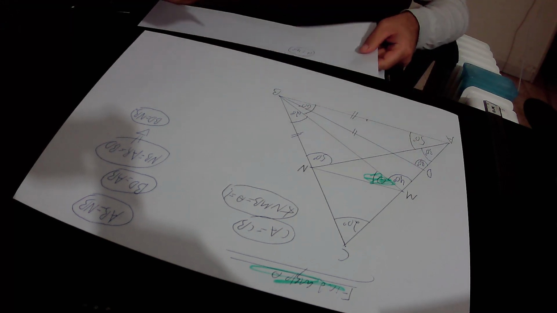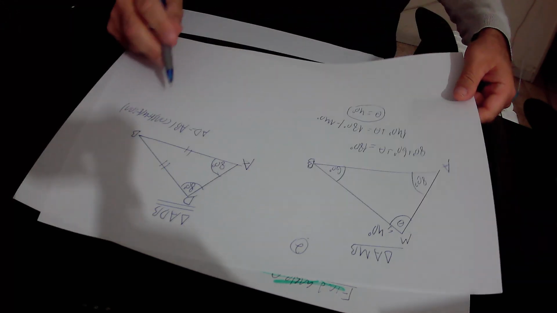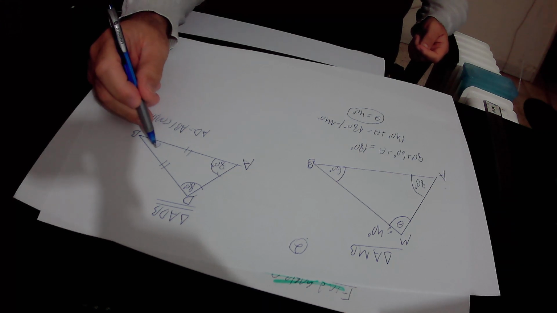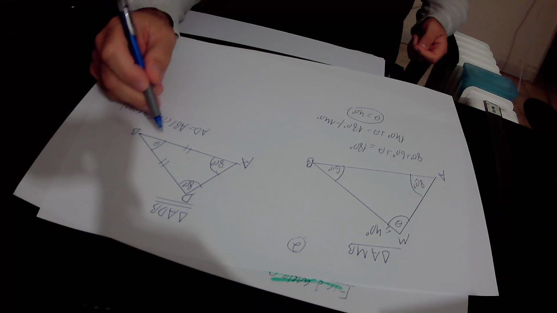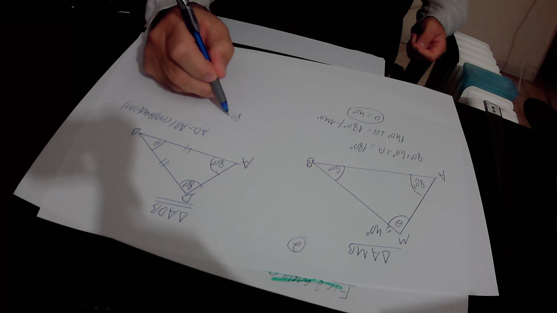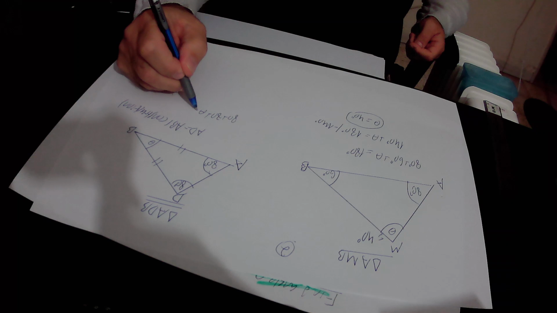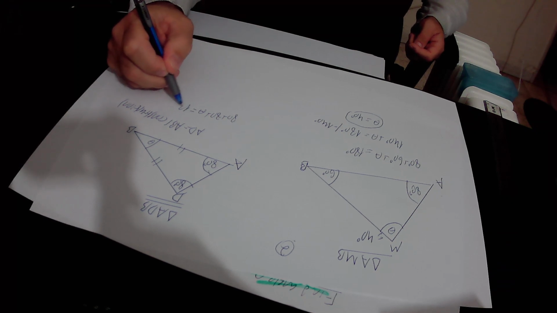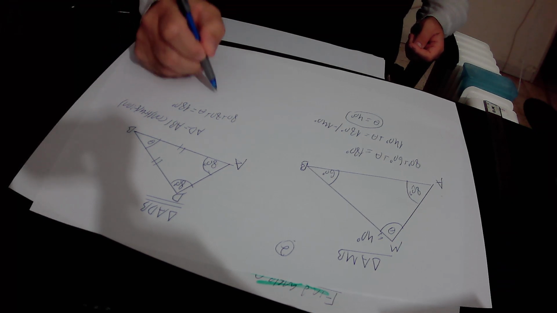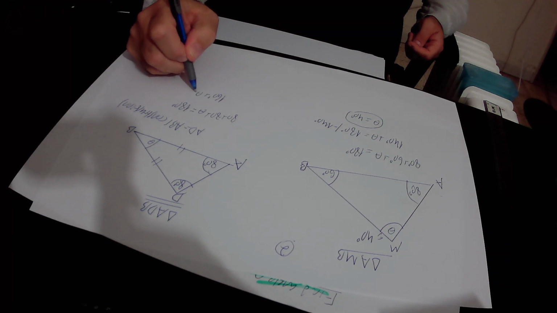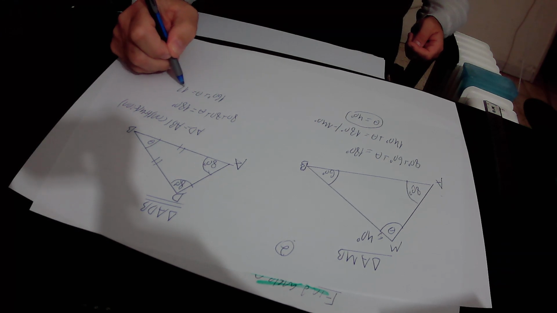We continue to focus on this triangle ADB. In triangle ADB, the sum of the angles must be equal to 180 degrees. We define the missing angle as theta. Therefore, in triangle ADB, 80 degrees plus 80 degrees plus the missing angle theta, in total, the sum of those three angles must be equal to 180 degrees. 80 plus 80 is 160, so 160 degrees plus theta must be equal to 180 degrees.